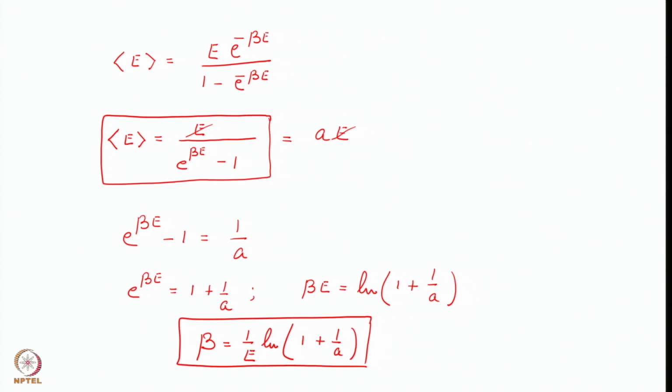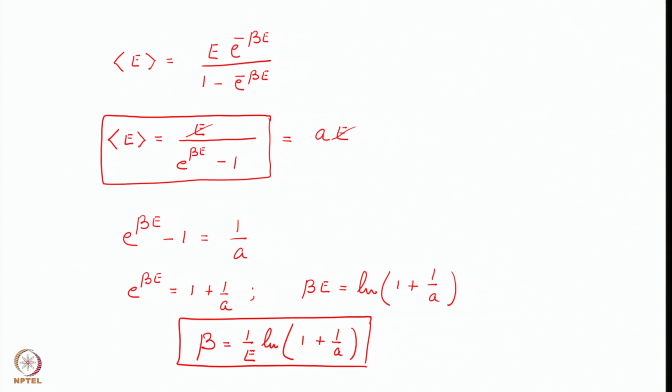And this beta is equal to 1 by kT. That means the temperature, whether you express it in terms of T or in terms of beta, we should be able to get from the knowledge of the value of E, which is the energy separation, and the number A. So, as you might have noted, we started with the definition of partition function.